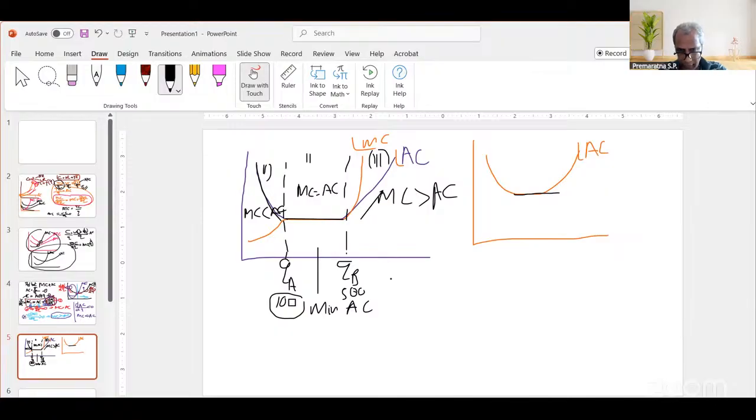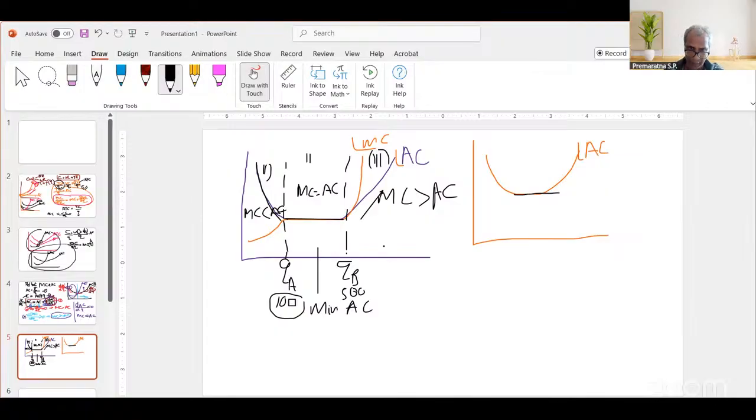Why does this happen? Why do these three things happen? Initially, when you expand the firm, imagine you are self-employed, then micro level, then small. Then you realize that when you expand to a certain level, even medium, you can reduce the unit cost, but after a certain level it reaches the minimum level.